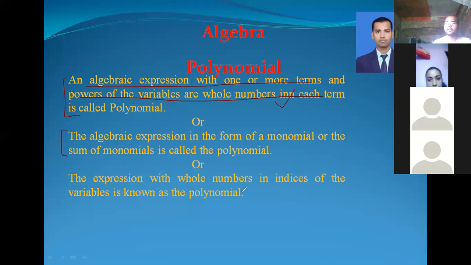Especially, we should focus on the power of the variable here. Whether the expressions are monomial, binomial, trinomial, whatever the terms are, that doesn't matter. The matter is only what is the power of the variables in those expressions.